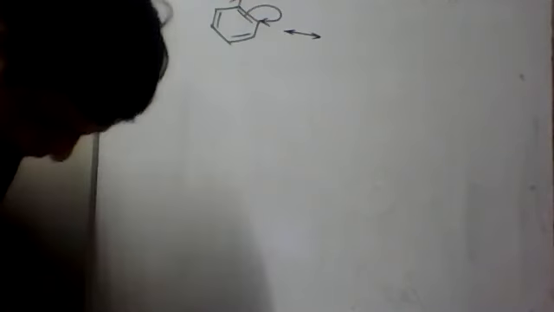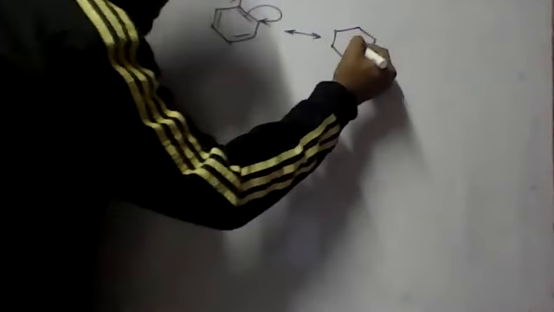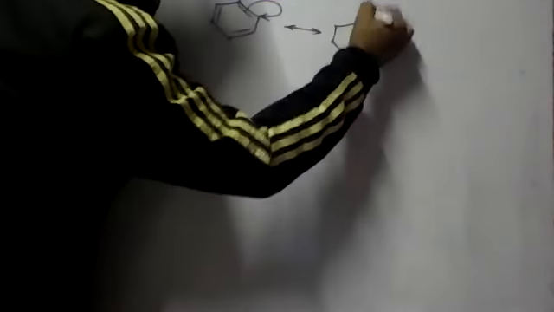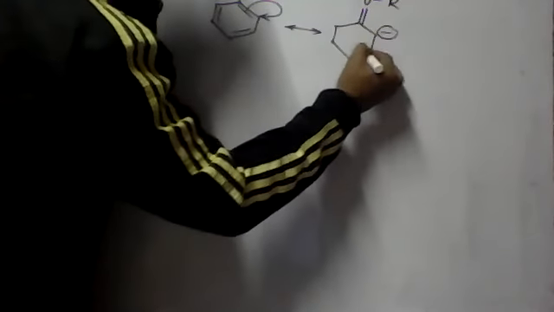And in the resonance it is seen that ortho and para acquire which charge? Negative charge. You show the resonance like haloarene or phenol. So here you show oxygen, O plus, one lone pair will be there, and here negative charge.